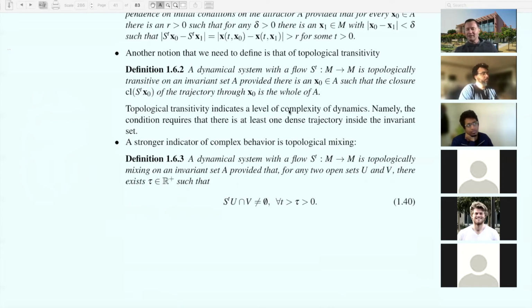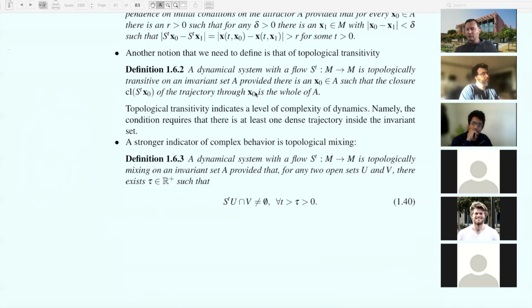And you can almost see immediately why this is equal to topological transitivity. Because suppose it's not, then there is no trajectory such that the closure is the whole set. So there are gaps, whatever closure you're taking. So the dynamics is not dense, and whatever trajectory you take, you won't be able to reach some set.